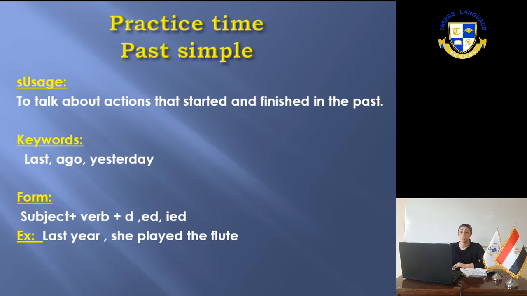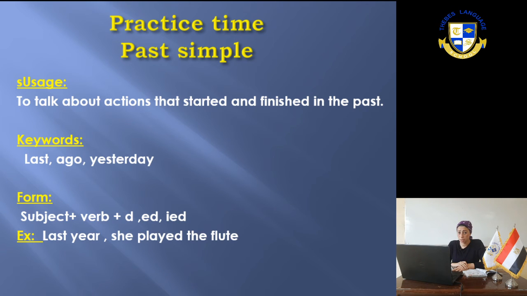We said before that consonants are very strong, so they kick away the Y and we put IED instead, right? Okay, like what? Study, it's going to be studied. And the rest of the verbs, if they don't follow the rules of the previous cases, in this case we are going to add only D.